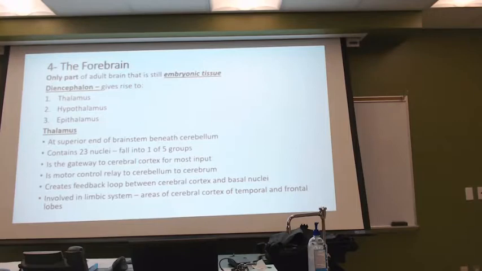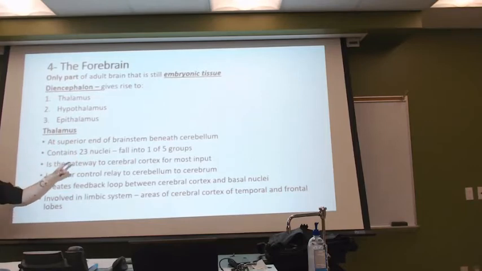So, we already know about our thalamus. We've talked about it quite a bit. We know that it contains at least 23 nuclei, meaning areas of dense nerve cell bodies, okay? They're put into one of 5 groups.